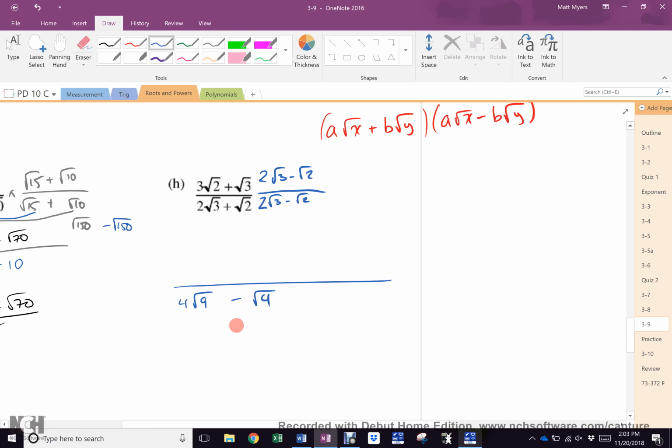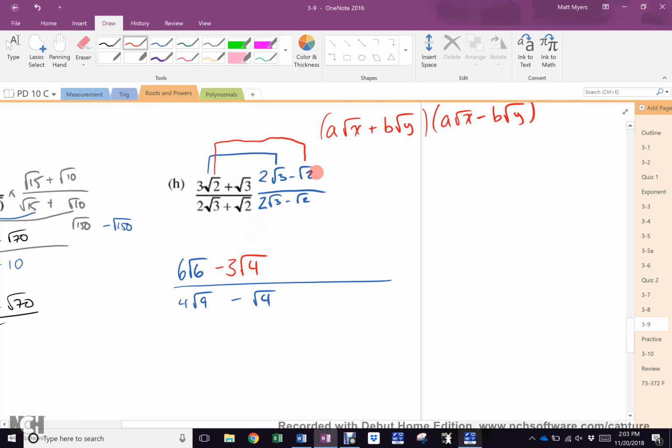Yes? Now, up top, I have a FOIL situation. What is that one? 6 root 6. I heard someone say it. What is that one? Negative 3 root 4. We're going to write it all out.